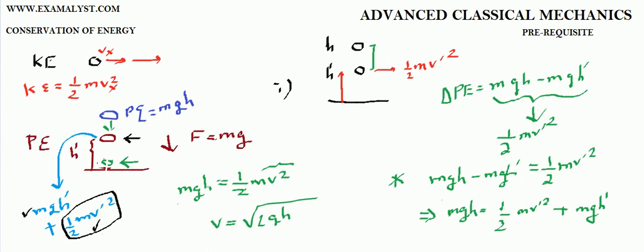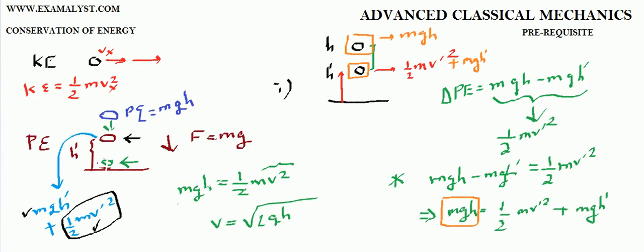When the ball is at the top, the total energy is m g h. Now when the ball is at height h dash, the total energy is kinetic energy plus the potential energy m g h dash. And what was the energy at the top? The total energy at the top was only potential energy, which is m g h.